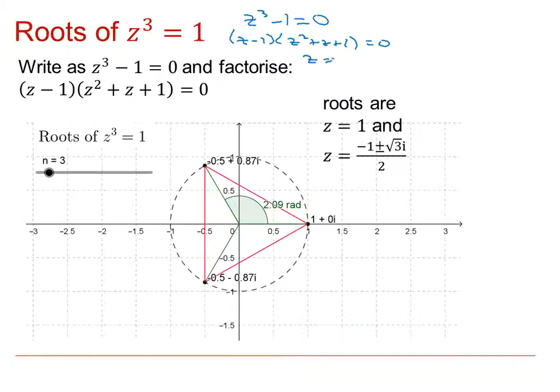So either z is 1 or the quadratic equation is 0. And if we solve this quadratic equation for z, we get the two complex conjugate roots minus 1 plus or minus root 3 i over 2, forming this equilateral triangle. You can see the conjugate pair as illustrated.